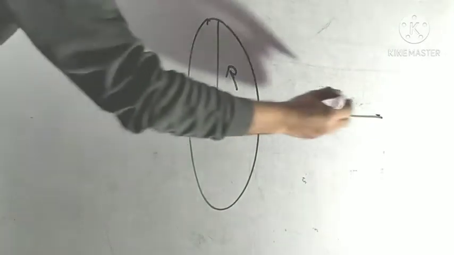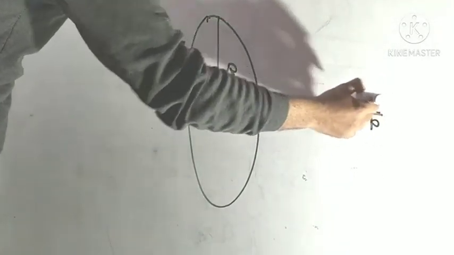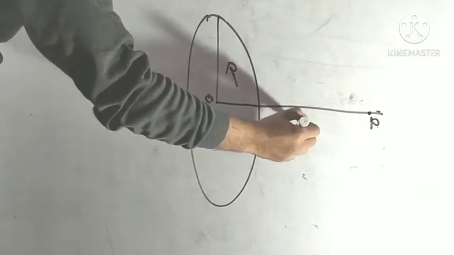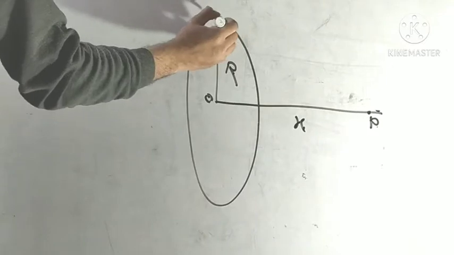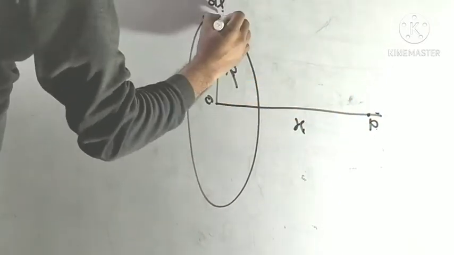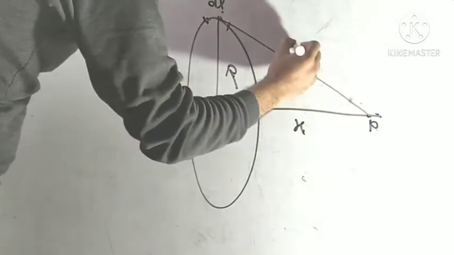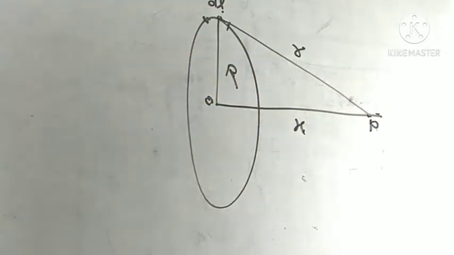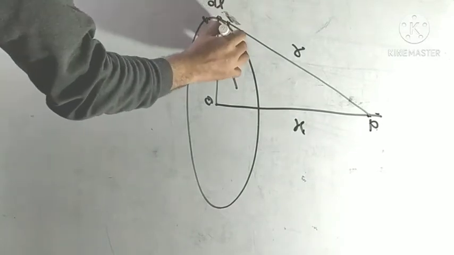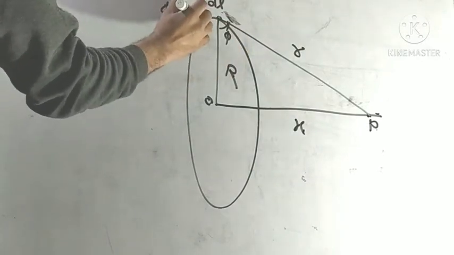We take any point P on this axis. The distance of point P from the center is x, and we take a very small element of length dl at a distance r from the point P, and this makes an angle phi equal to 90 degrees.